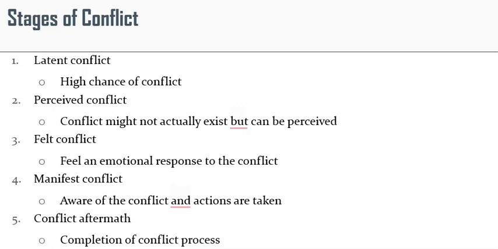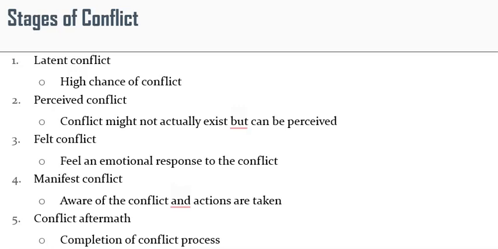The second stage is perceived conflict. A party perceives that a problem is present, though an actual conflict might not exist. An example of this is a nurse perceives that a nurse manager is unfair with scheduling. The nurse might not be aware that it is only because the nurse manager misunderstood the nurse's scheduling request.